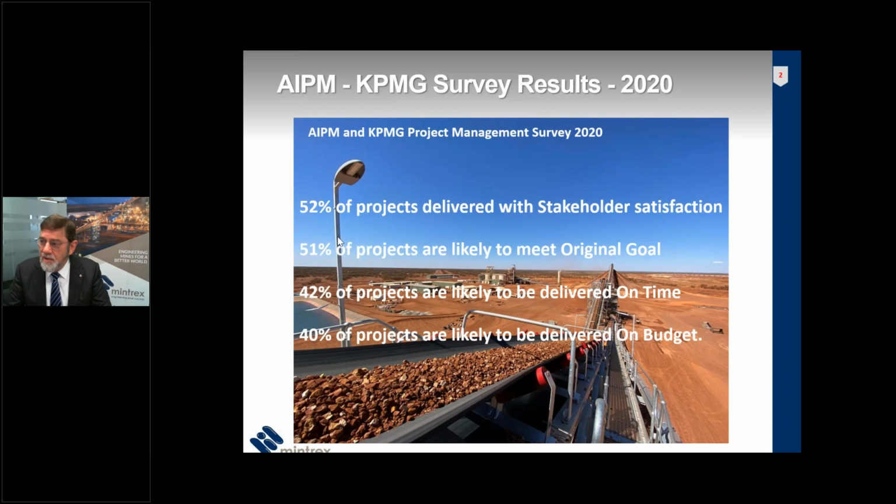I thought we'd start with a look at the Australian Institute of Project Managers survey in 2020, which was done with KPMG, and it's not encouraging. It shows that about half of the projects didn't satisfy the stakeholders or meet the original goals, and less than half were completed on time or on budget.